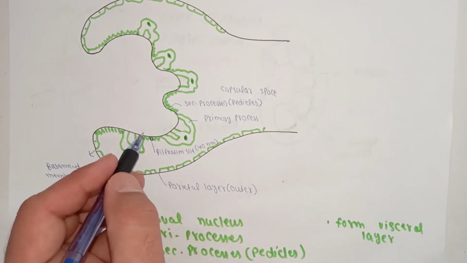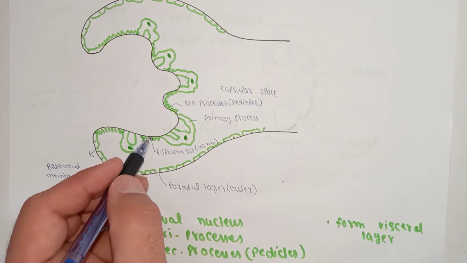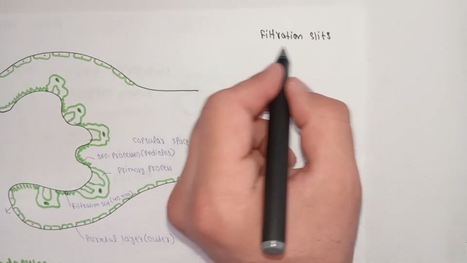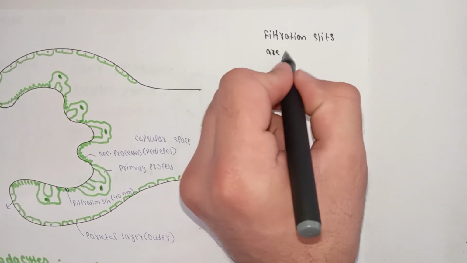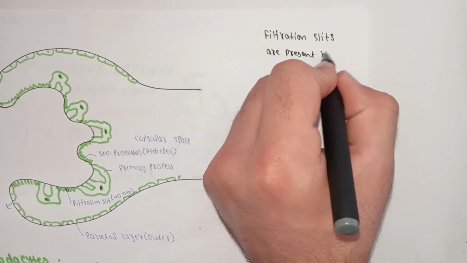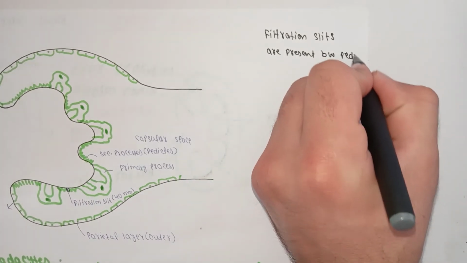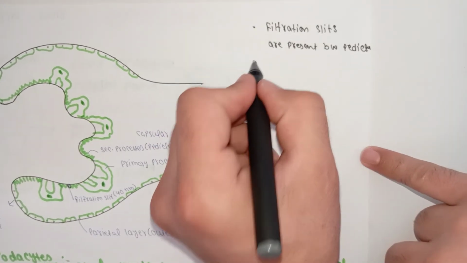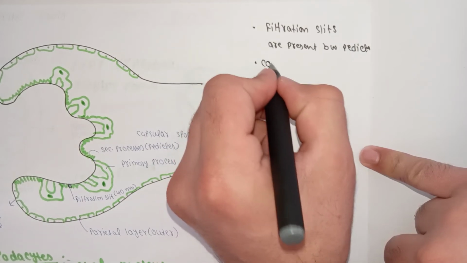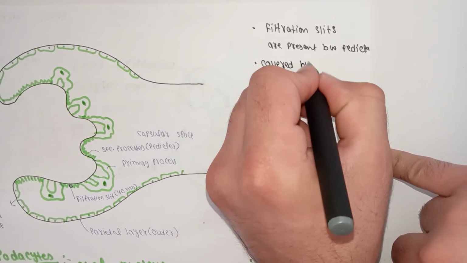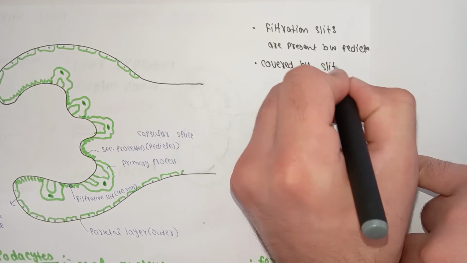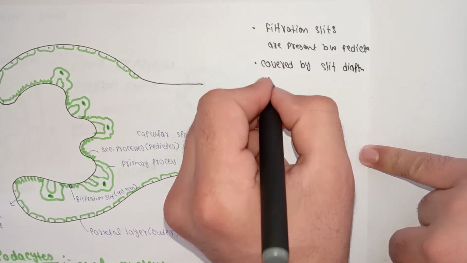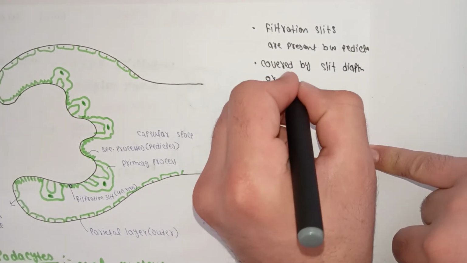They are covered by slit diaphragms or slit membranes, and slit diaphragms contain different types of protein. Filtration slits are present between pedicels, covered by slit diaphragms, and we can also call a slit diaphragm a slit membrane.